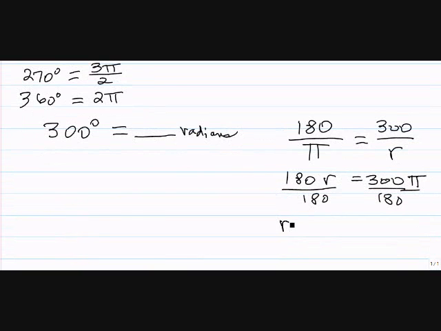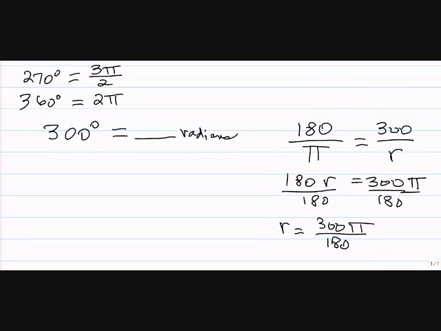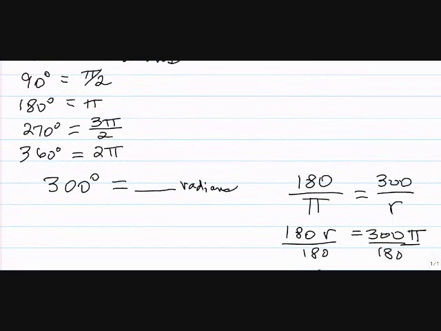And my number of radians is 300 pi over 180, but you better simplify that fraction for me. So can anybody simplify 300 divided by 180? No. Okay. I could use any of these that I have except for the 0, 0 won't really help me. So I use the 180 and pi. Sometimes I use the 360 and 2 pi. I don't like the ones with the fractions, but you can certainly use any of these equivalences up here to figure out your radians in 300 degrees.